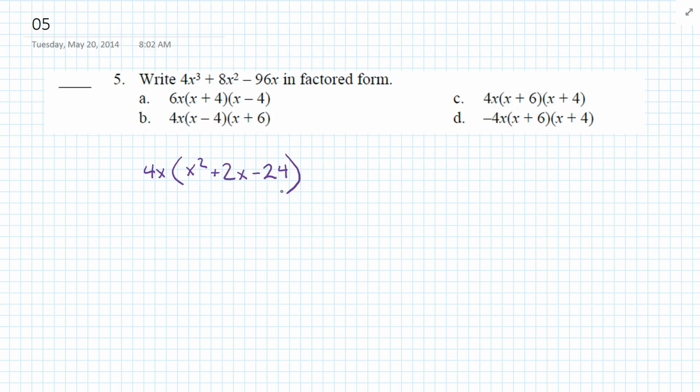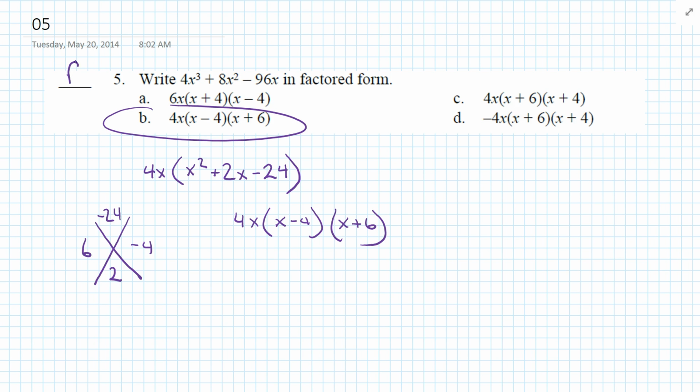Okay, I need to find 2 terms that have a product of negative 24 and a sum of positive 2. Well, I get 6 and negative 4. So my answer should be 4x times x minus 4 times x plus 6. Answer is B.